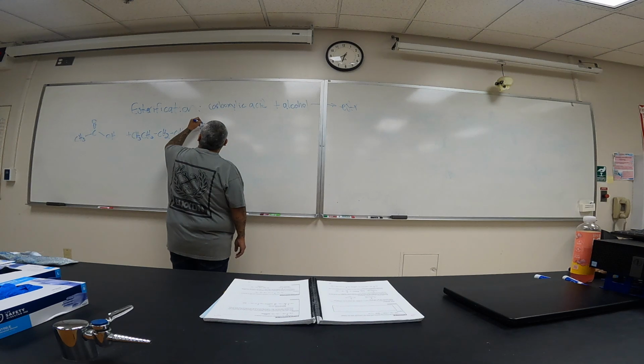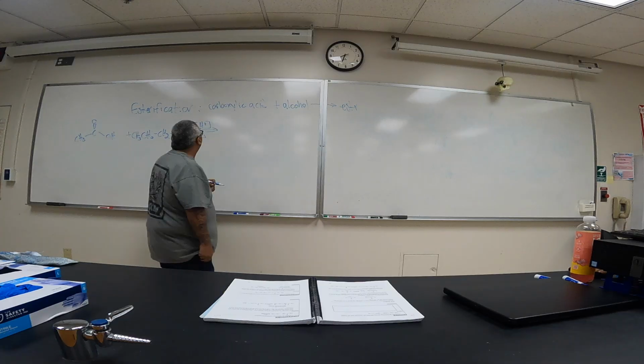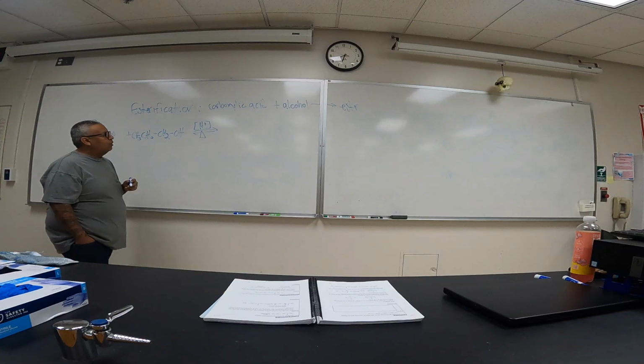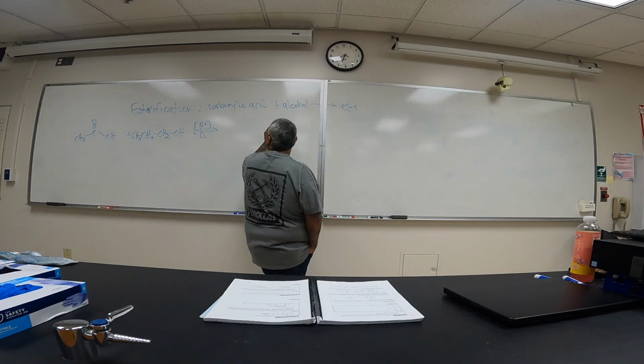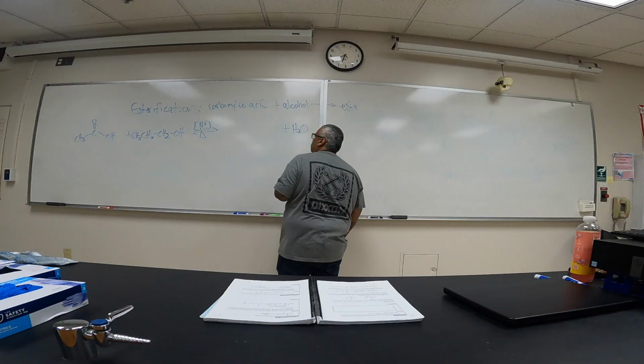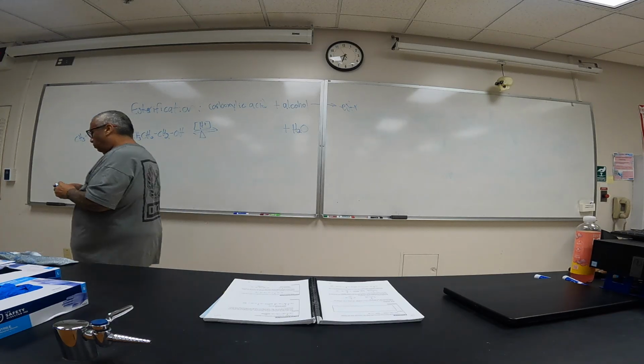We're going to need some acid for this, and we're going to need a little bit of heat. This is a reversible reaction. So some carboxylic acid and some alcohol. And in an esterification reaction, we are going to produce water.